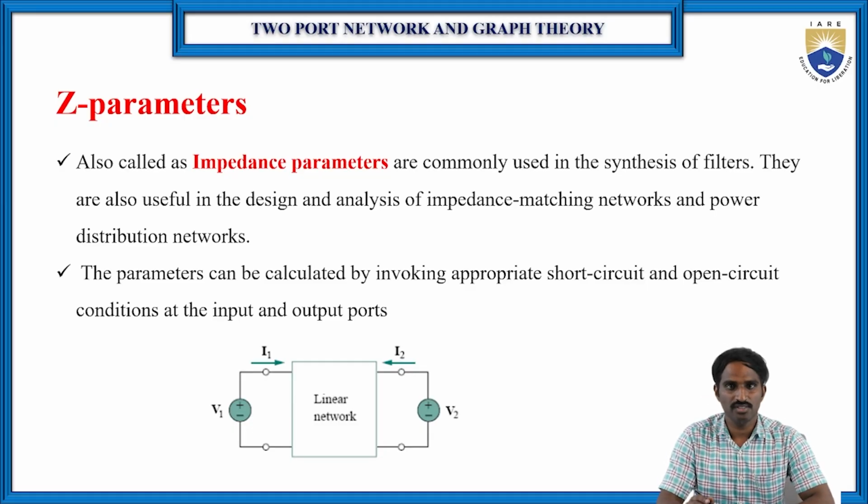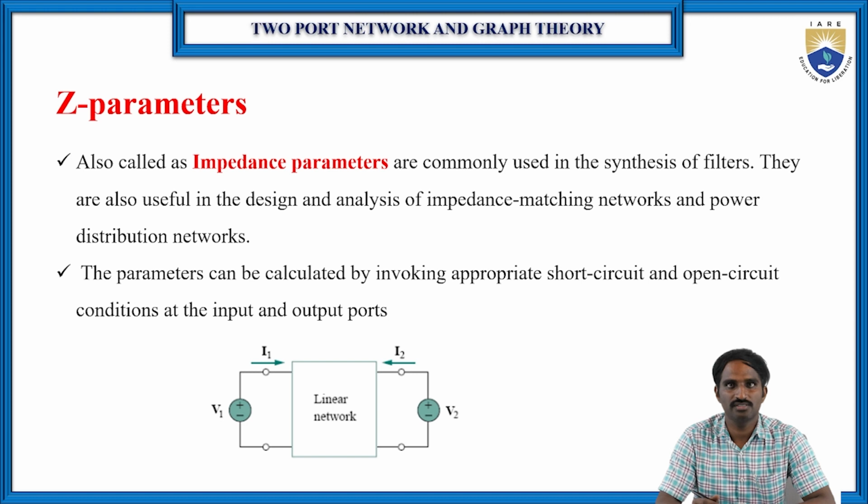As we discussed in the previous class, the Z parameters are also called the impedance parameters, because these Z parameters are commonly used in the synthesis of filters. We have also discussed in the previous class the various applications of these two-port network parameters, and which kind of networks we can convert into two-port networks. One of the applications is filters.